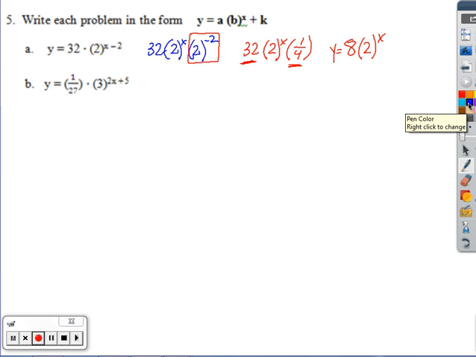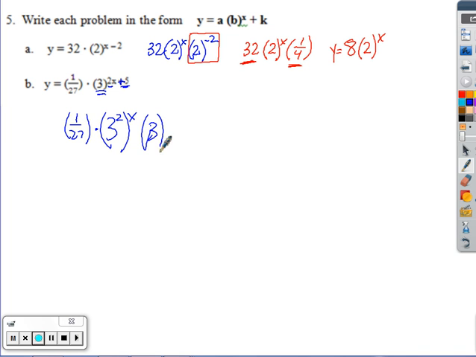Same thing for this one. The 1/27, that's just kind of hanging for now. But here we can do the 3 and the 2x together, and then the 3 and the plus 5. So we end up with 3 to the 2x, and we end up with 3 to the 5th. Again, because we know 3 to the 5th, we can do that.